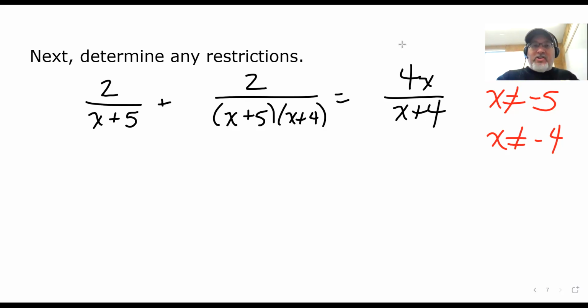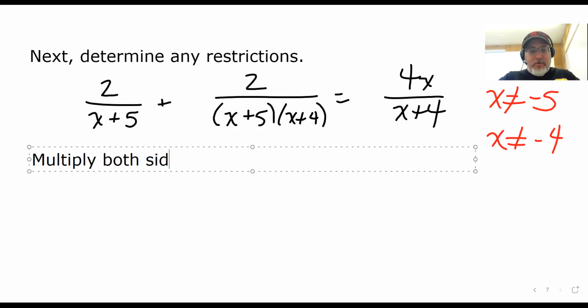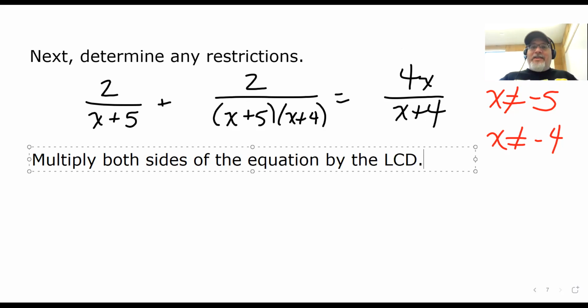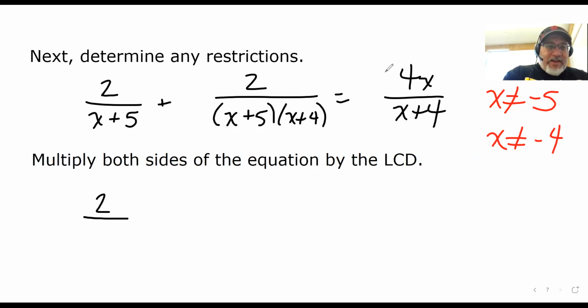All right, so what do we do next? Well, now it's time to actually start solving this. So for our next move, we're going to multiply both sides of the equation by the least common denominator. Now, technically, it doesn't have to be the least common denominator. It just has to be something capable of canceling every single denominator.